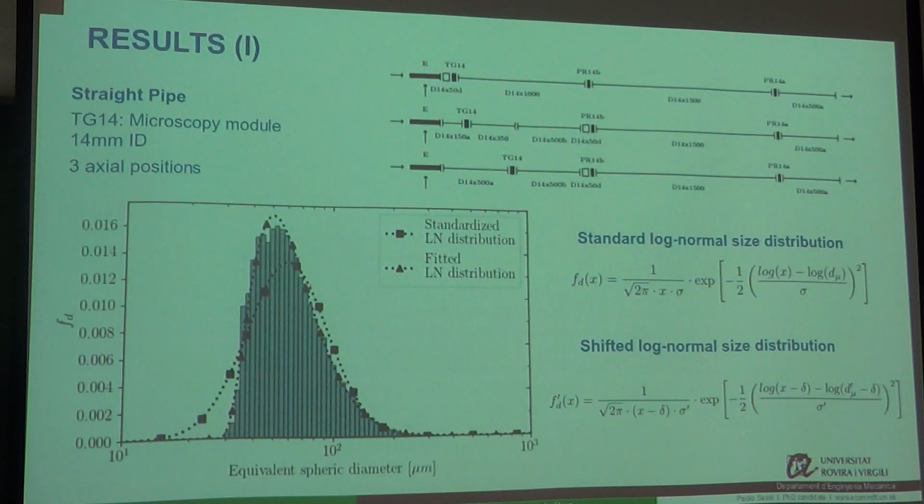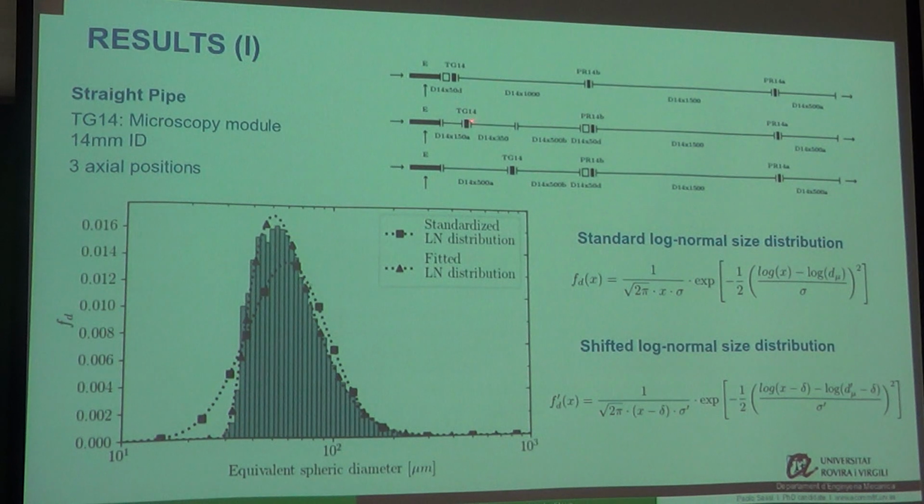And now some results of the drops. These are results for a straight pipe. This is the scheme that they were using. This TG14 is an acronym in German for the measurement port of the droplets, that is located here at the axial position B that I was telling you about at the beginning.